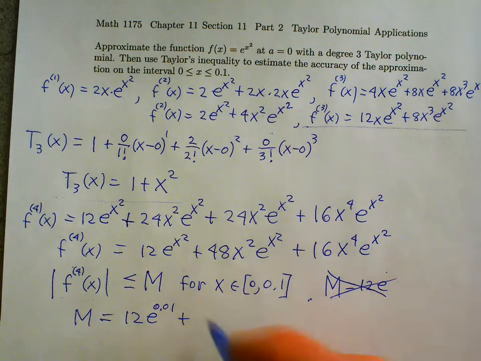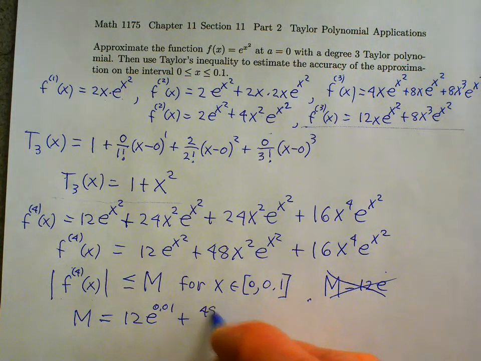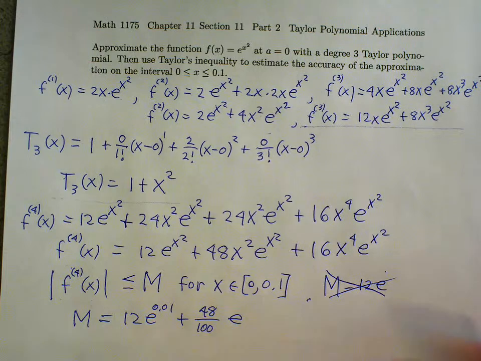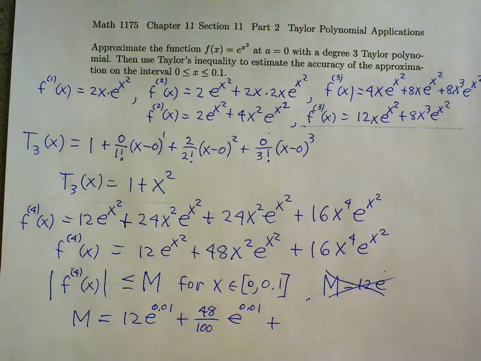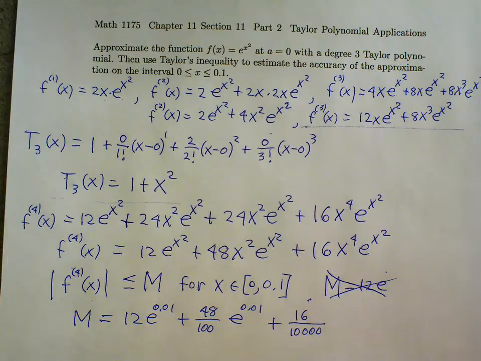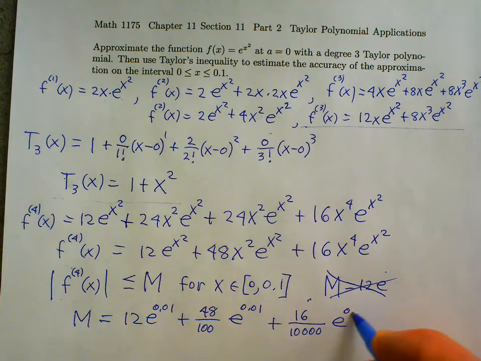That's the same as 48 over 100, 48 100ths times e to the 0.01, and then plus 16 times 0.1 to the fourth. That's the same as 16 over 10,000, and then times e to the 0.01.